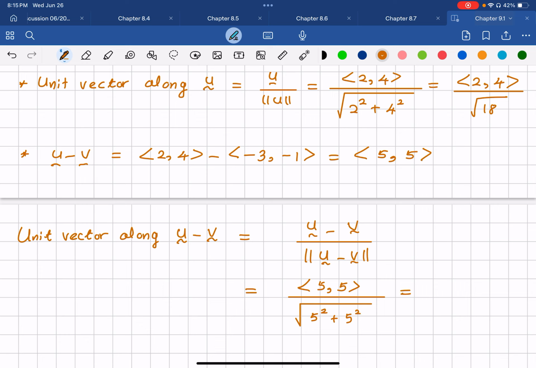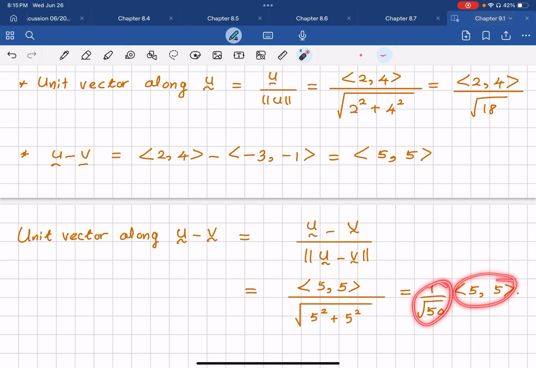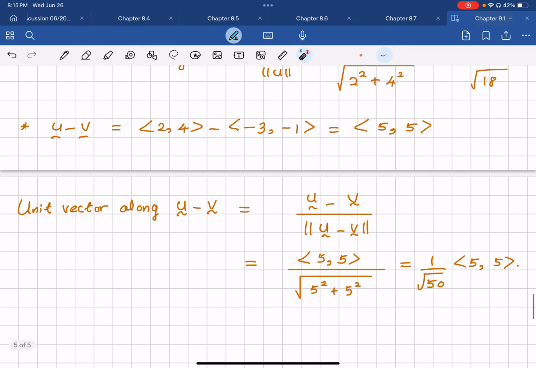So I have 1 over the square root of 50 times 5, 5. Okay, so I note that 1 over square root of 50 is the scalar. If you multiply the vector 5, 5 by this scalar, you would get a vector whose length is 1. Okay, right.